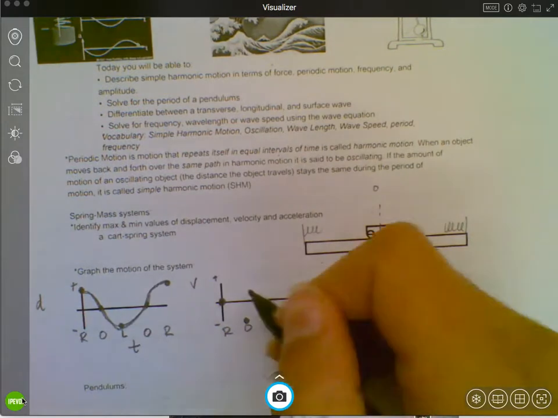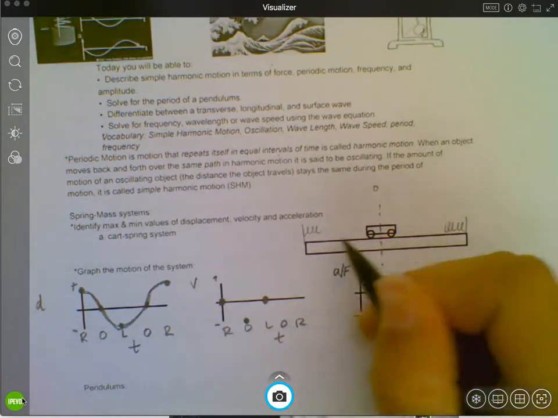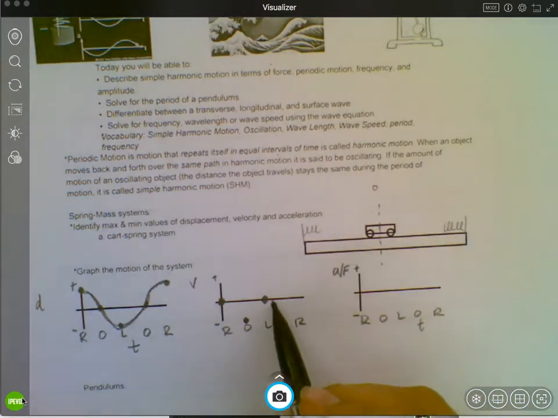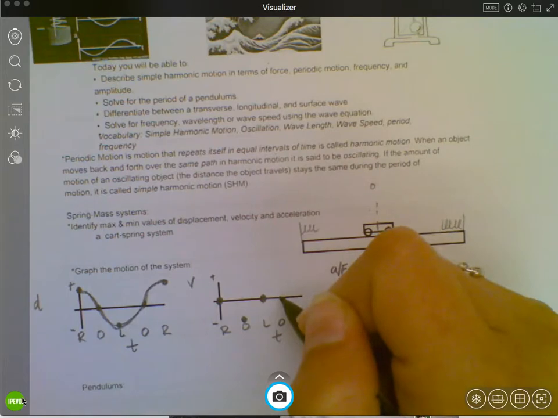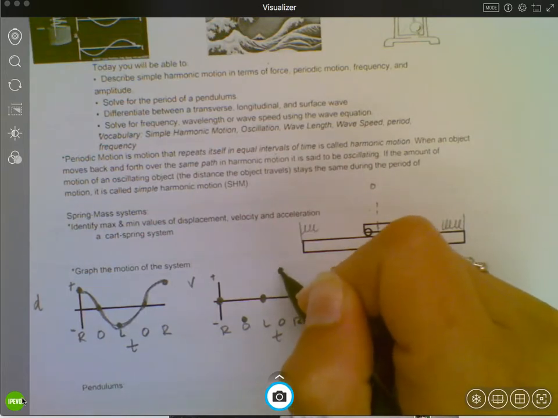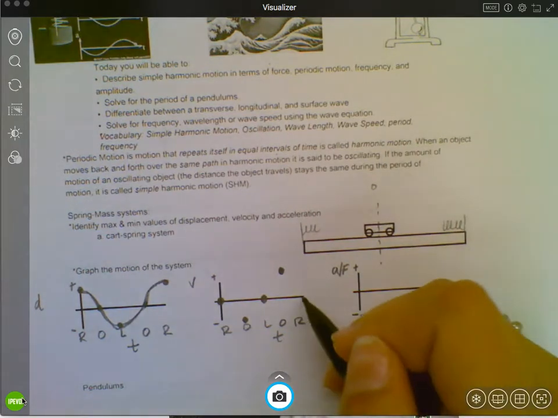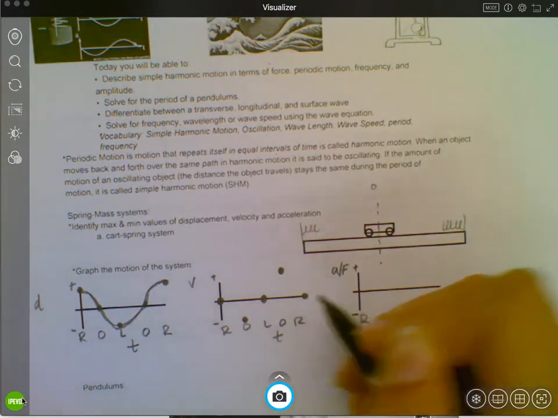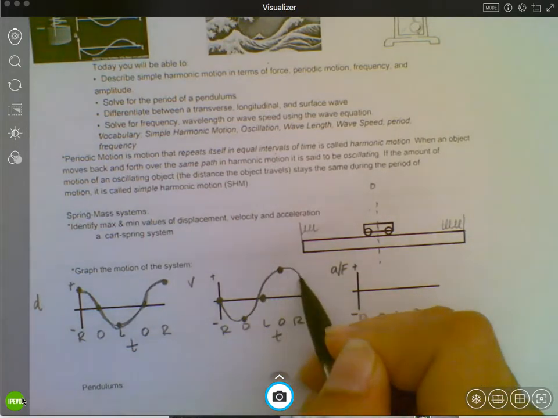Then when it's all the way at the left, it has a velocity of 0 again. You can imagine it would stop. Then on its way from left to right, passing the origin, it would have the highest velocity in the positive direction. When it makes it back to the right, we'd be back at 0 again. So this graph would look something like that.